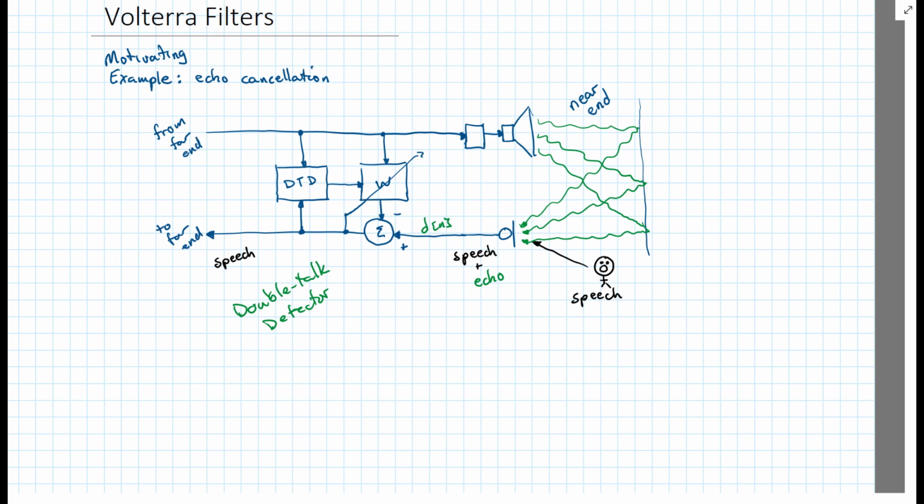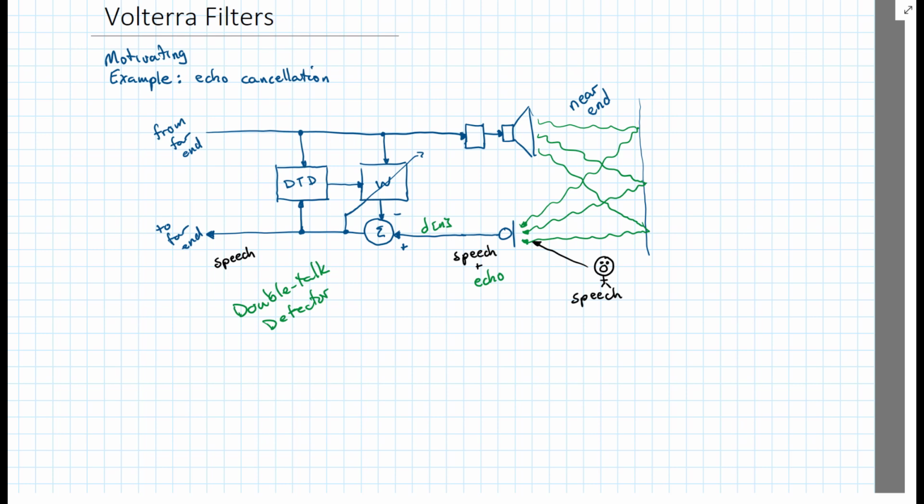We would really like the echo to be 30 to 40 dB below the speech level. So misadjustment error is a big problem. And of course, the faster your adaptation, the more misadjustment error you're likely to have.